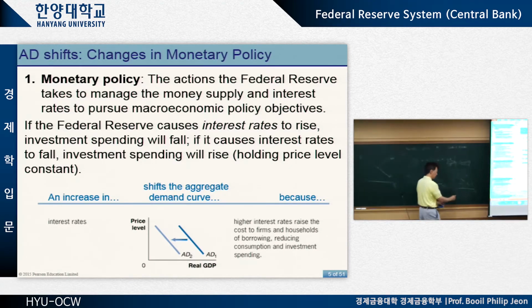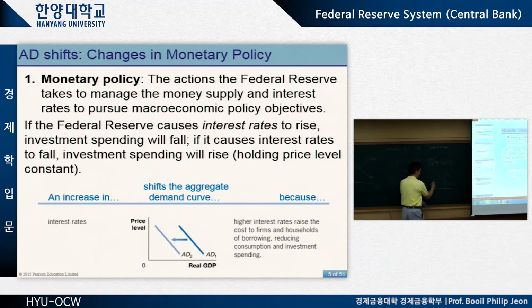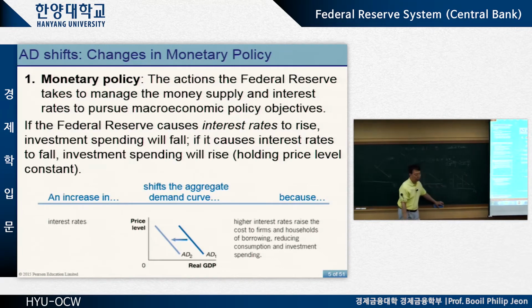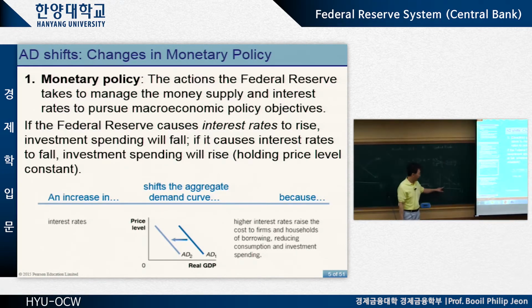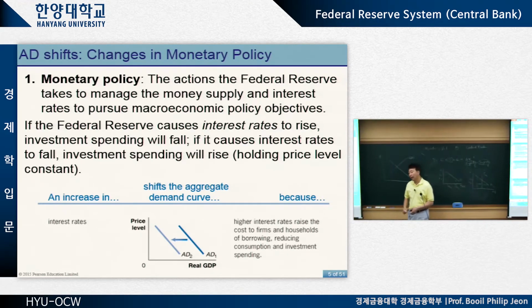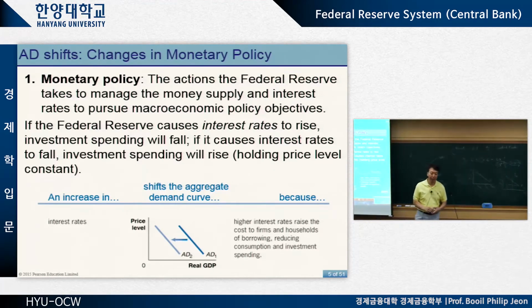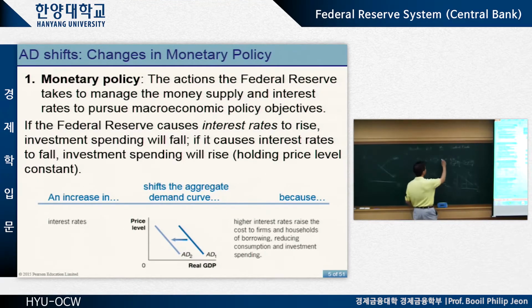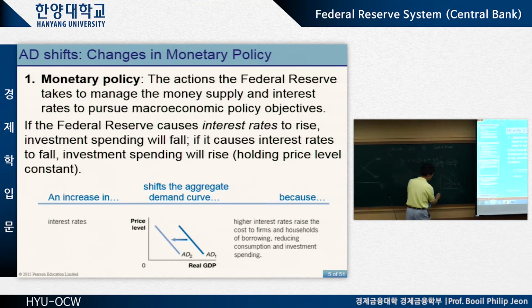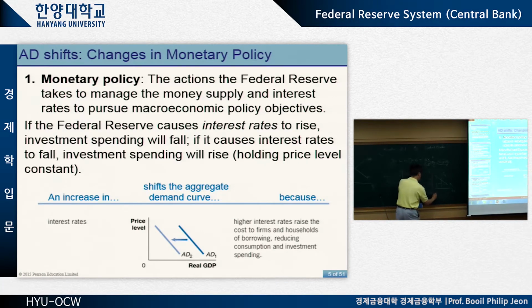Right, interest rate will be lowered, right? We'll have lower interest rate. If you reduce the money supply, of course, interest rate will increase, right? Well, if you increase the money supply, then the interest rate comes down.